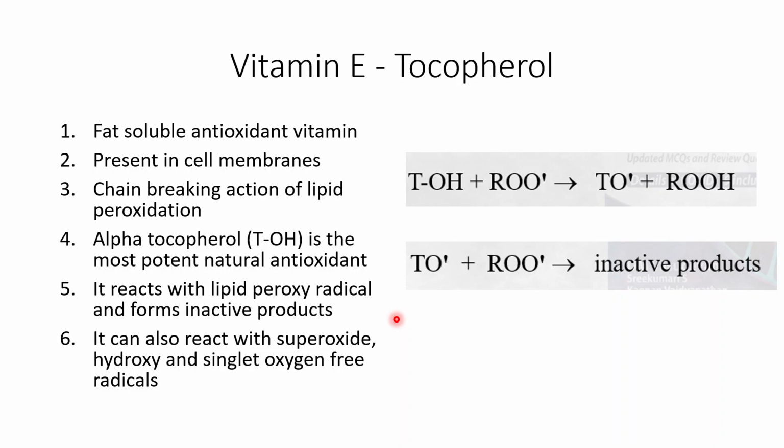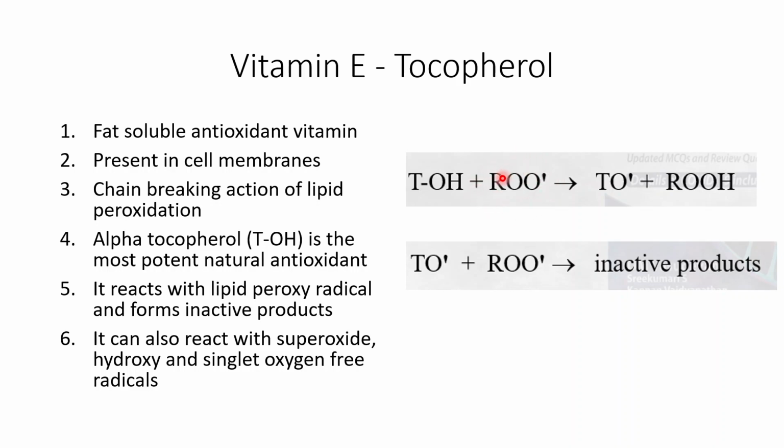So this is how vitamin E acts and brings about the chain breaking effect on free radicals. If you remember, during initiation the free radical was formed and the lipid peroxy radical was formed. Now this lipid peroxy radical, after being initiated, can undergo a chain reaction. So you want to break this chain.